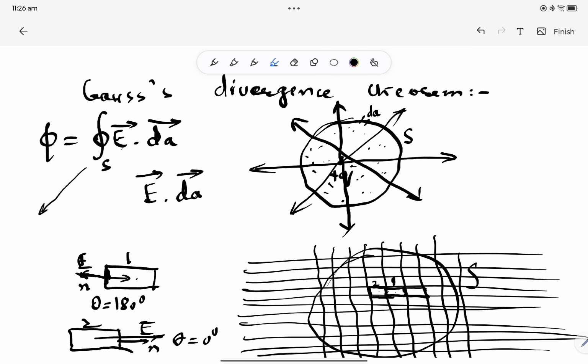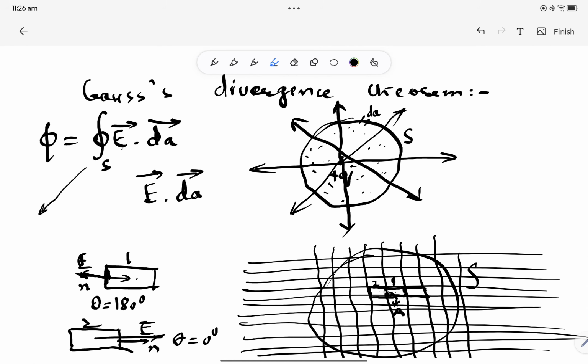So what does it mean? It means that when this phase, let's give some name to this phase, say A, phase A, when A is counted with cube 1, it contributes negative flux.